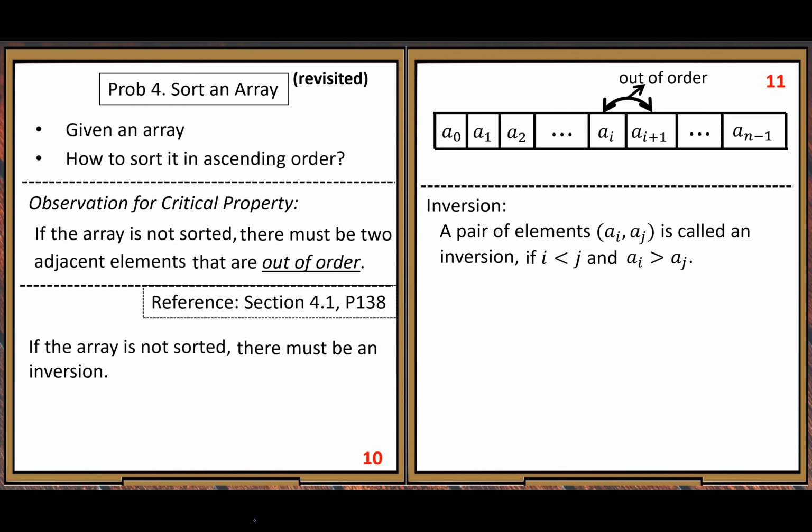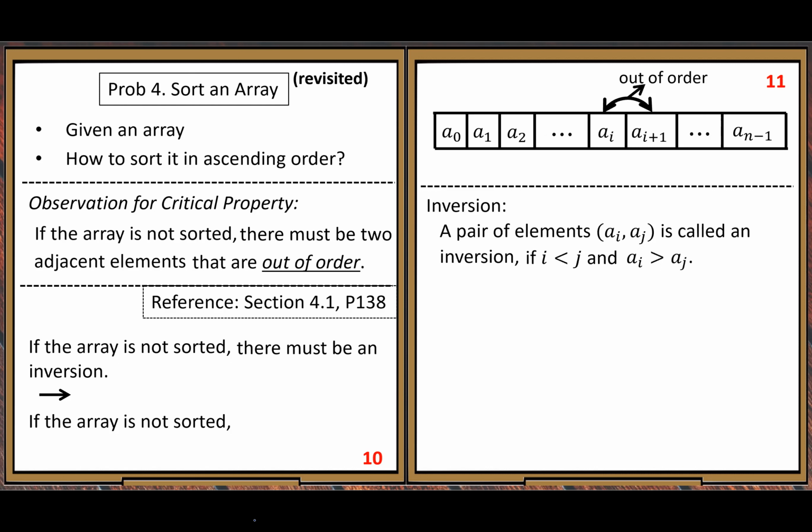That's very simple. So this is the first version of the property we can find in an array.